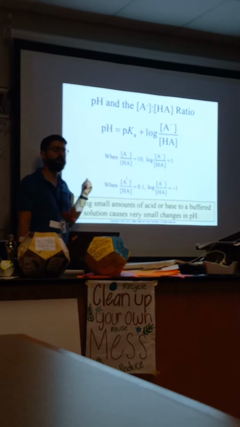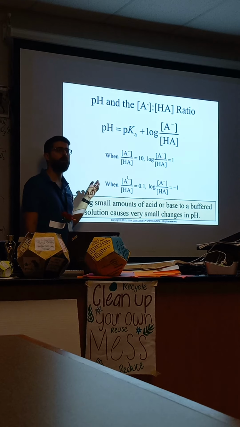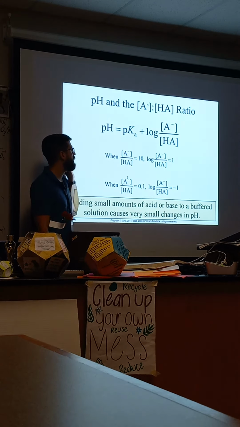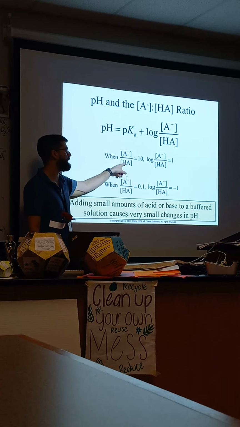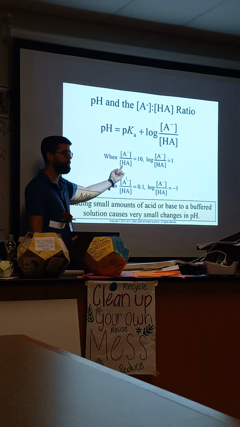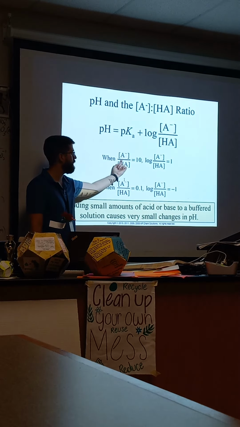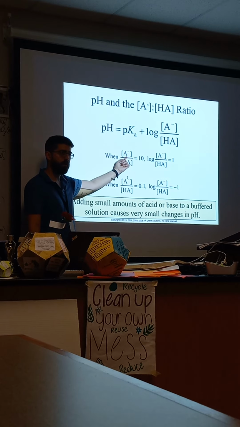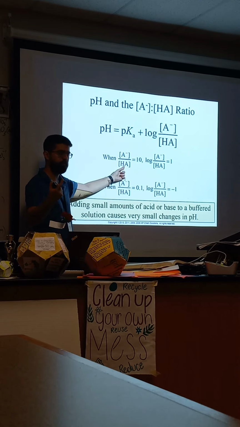So guys, what that means is, let's say you started where they were equal and you sent in enough base to just wreck this. What's the base going to turn HA into? The A minus, because it's going to rip what off it?